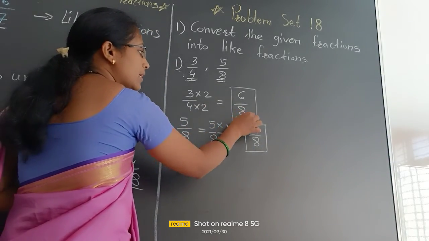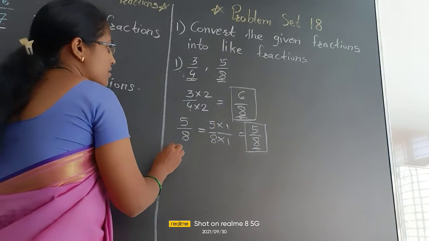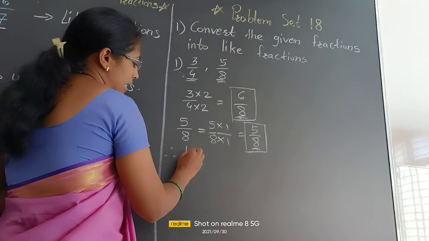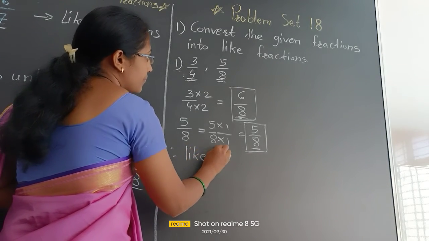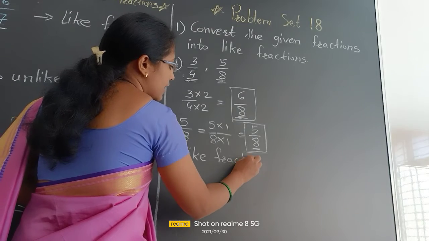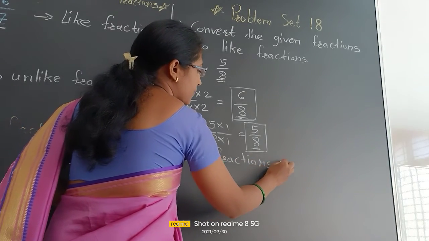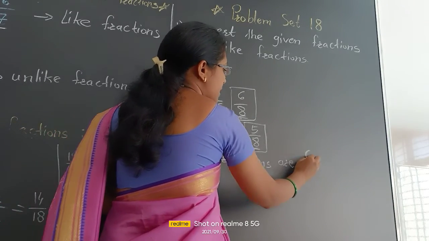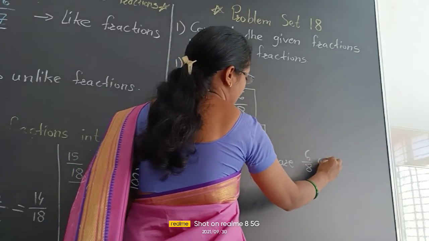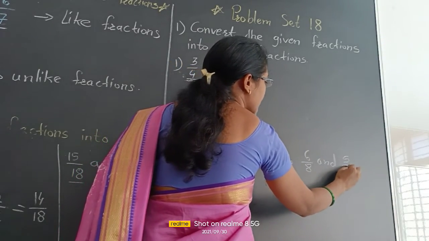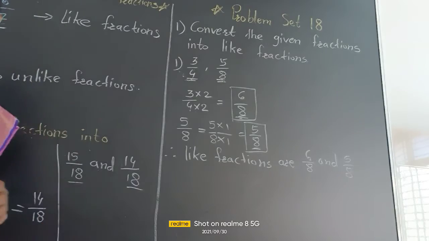Here the denominators are equal, correct? Yes. Therefore you can write the like fractions are 6 upon 8 and 5 upon 8. Clear? Yes.